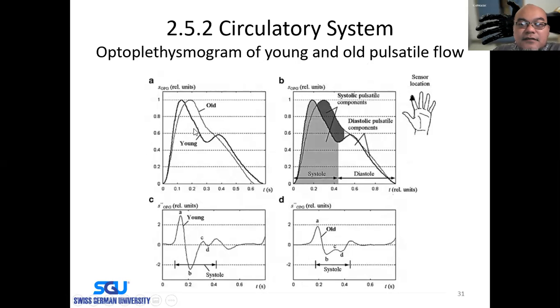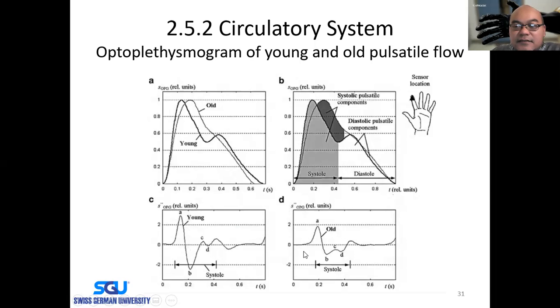This is the young and this is the old, and this is the systolic pulsatile component. This is systole, and this is the diastole component, and this is what we will measure in optoplethysmogram.